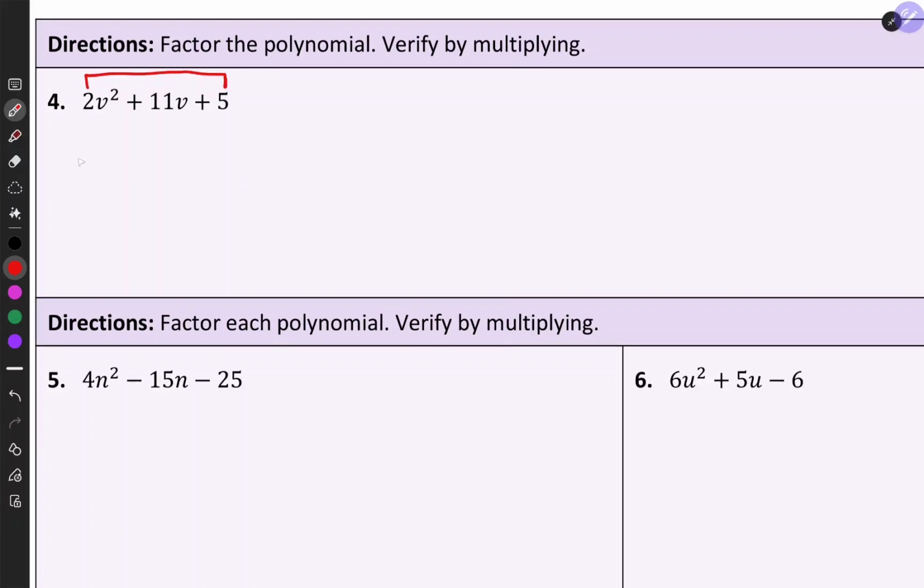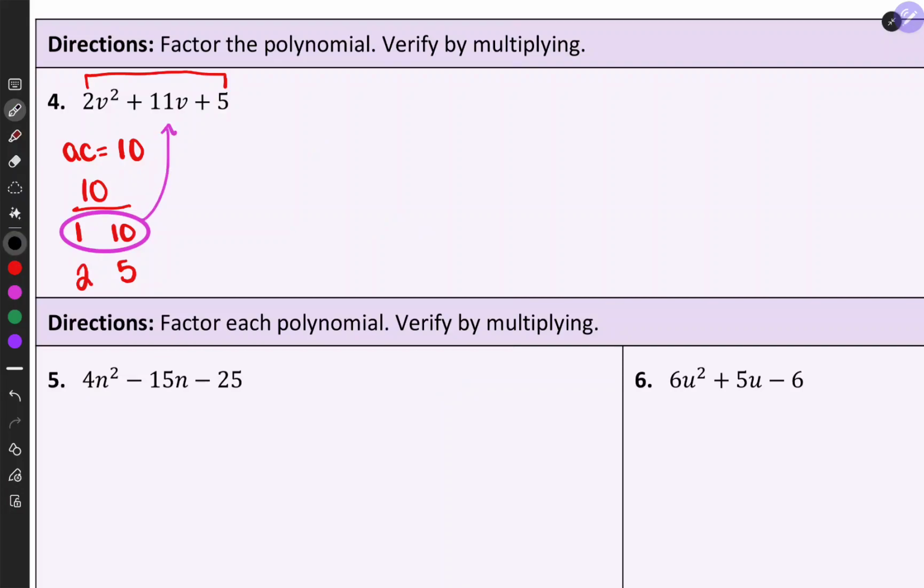So AC equals 10. We're going to list the factors of 10: 1 times 10 and 2 times 5. Those are all the factors of 10. We're going to identify the factors of 10 that add to 11. I always think in terms of addition first. And 1 plus 10 is 11.